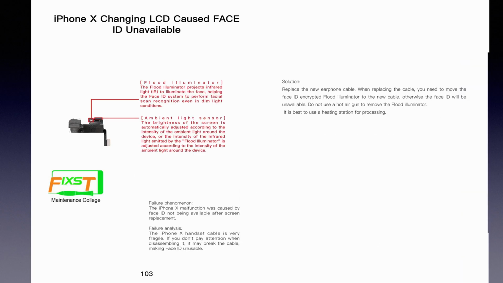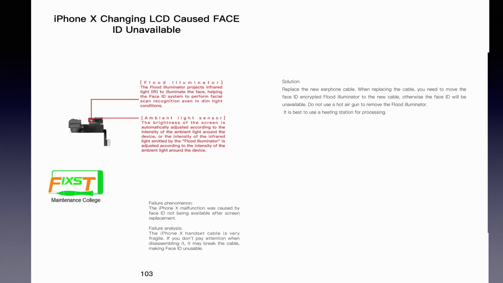Okay, this is the next case. This is an iPhone X. After changing the LCD, Face ID is unavailable. In this picture, you can see that the flood illuminator projects IR light to illuminate the face, helping the Face ID system to recognize the face even in the dark.